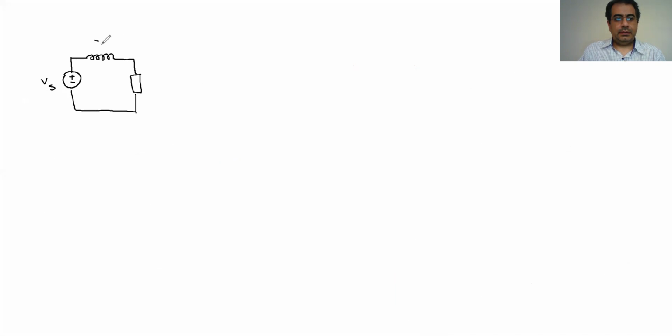So this is the ZL, and this is the Z equivalent for R and C. Now I want to convert it to only one. So I have the VS, and then I'm going to have only one element here, which is going to be ZEQ.